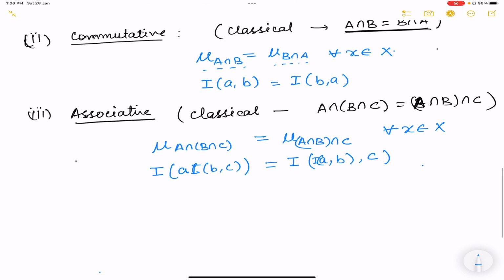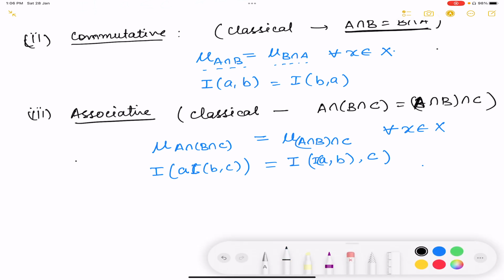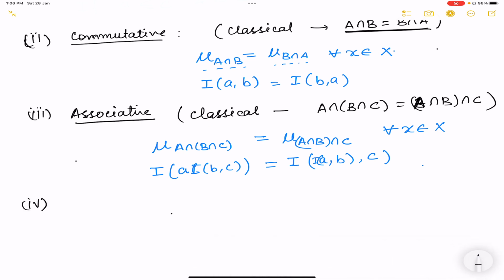Next comes the boundary condition. Let us try to understand this in the classical way. Try to correlate the things with what we had already studied.